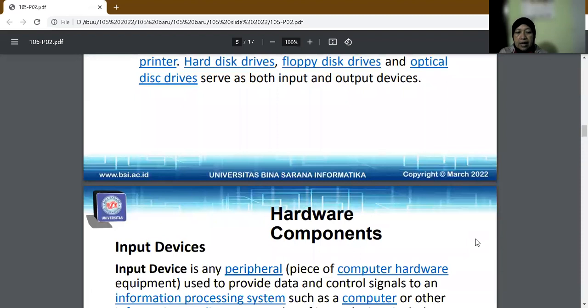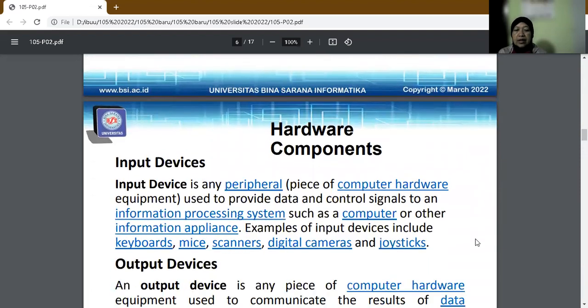Okay, and then for the input, for example, an input device is any piece of the computer used to provide data and control signals to an information processing system, like keyboard, mouse, scanner, digital camera, and joystick.